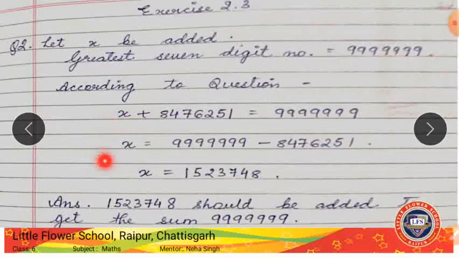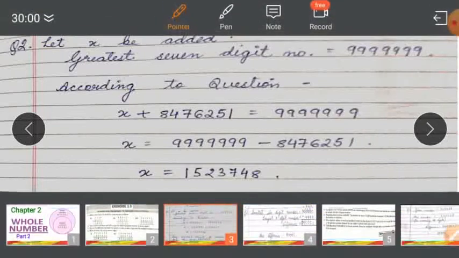We need to find the value of x. How can we do it? To find the value of x, we will subtract the given number from 7 times 9.